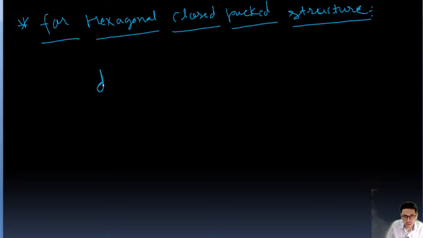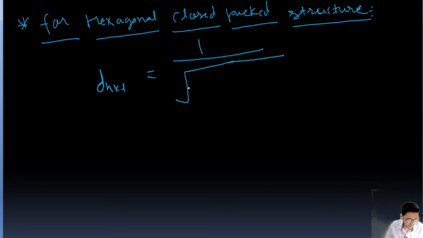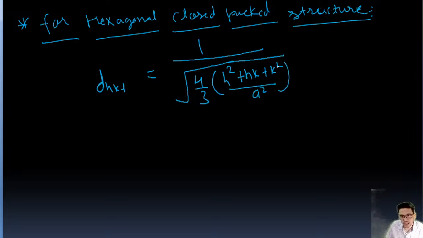This d_hkl value is going to be 1 upon root of 4 by 3, (h square plus hk plus k square) upon a square.